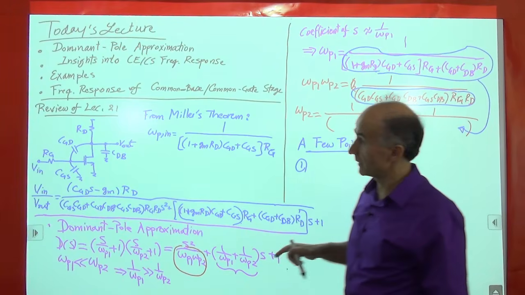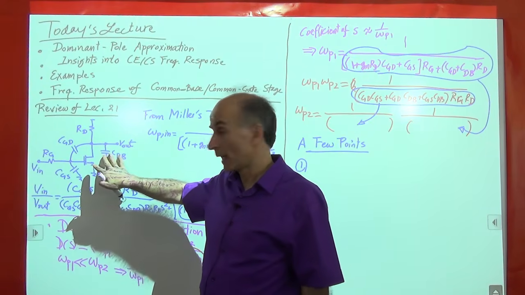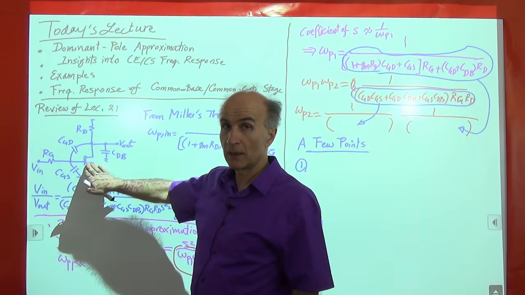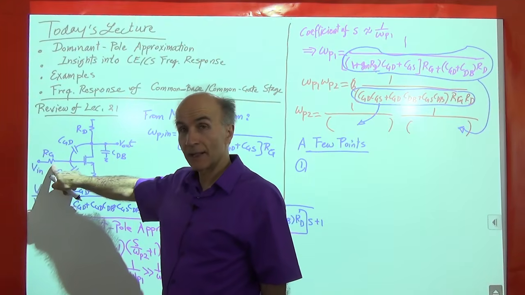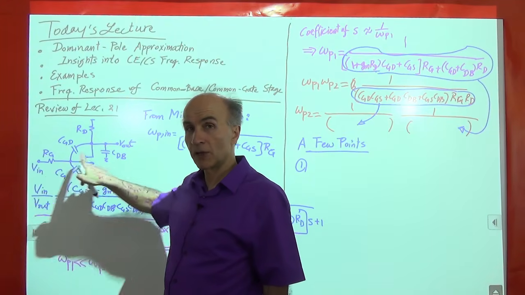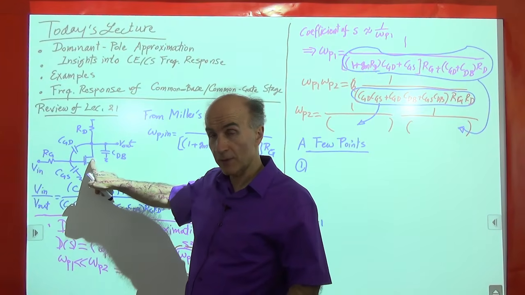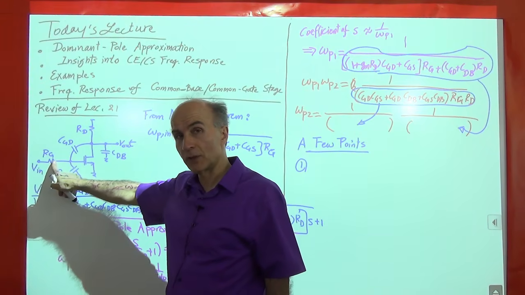At low frequencies, these capacitors are open, no current flows through them, and the voltage gain from here to here is just minus GMRD if we neglect channel length modulation. This RG does not have a role in the voltage gain of the common source amplifier, because at low frequencies, when we look at the gate, it's open, right? There's no current flowing through RG.